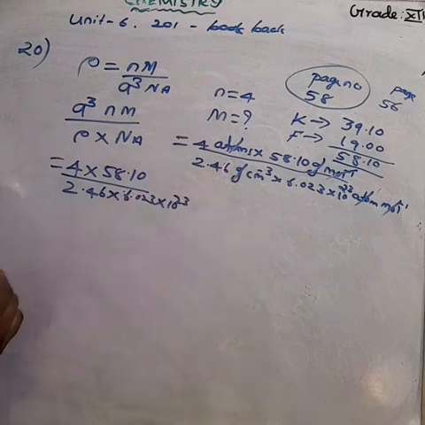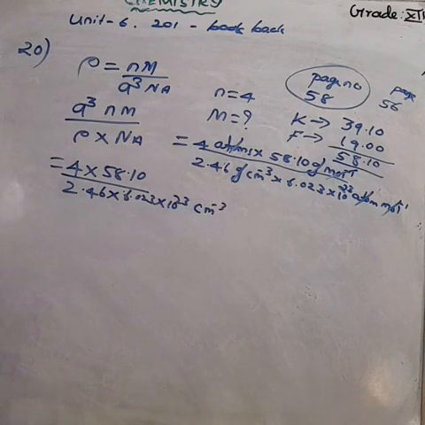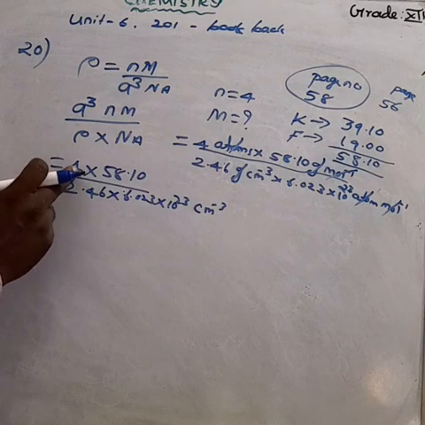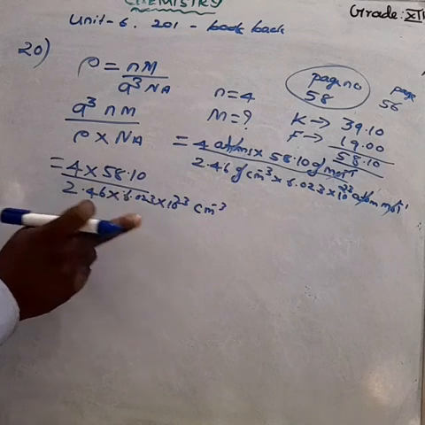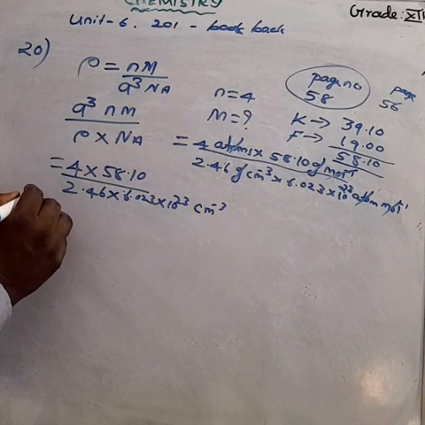Now, this is a multiplication, so here we can use logarithm. That is the easiest way. We take the log value for the numerator and the log value for the denominator, add them, and take the antilog. What is the log of 4?